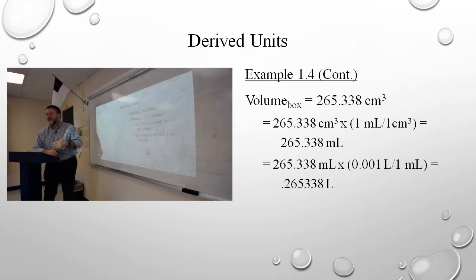So it's a multi-step process. If you understand the process, you just apply it basically 3 different times. Remembering that if something is squared, you can't convert it one time. You can't use one conversion factor. You've got to square the conversion factor. If it's cubed, you can't use the conversion factor one time. You have to cube the conversion factor.